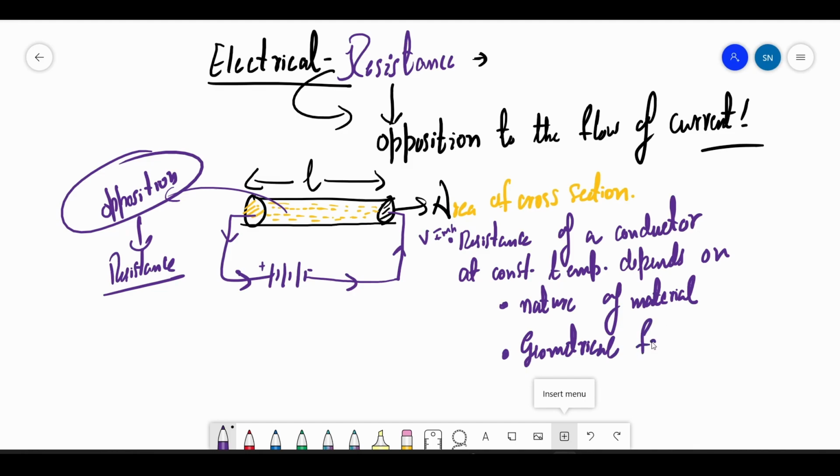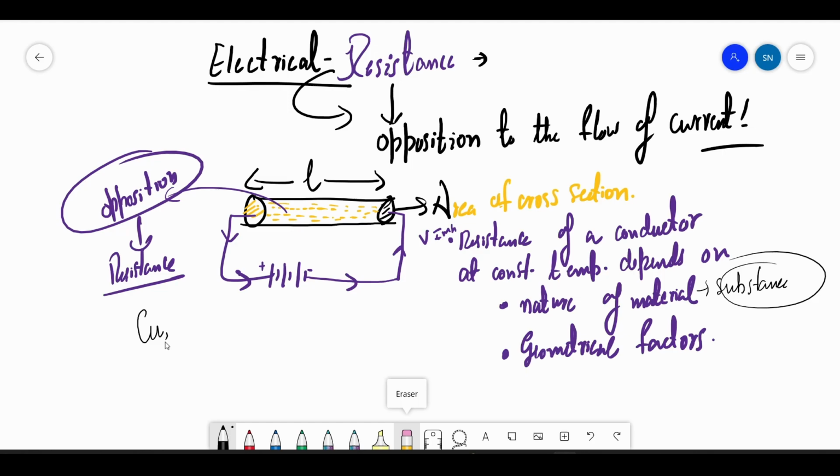Now, what does this mean, nature of material? What substance a material is built of. Say, for example, you have a copper wire, a silver wire, a gold wire, a piece of wire made of iron, you have aluminum.